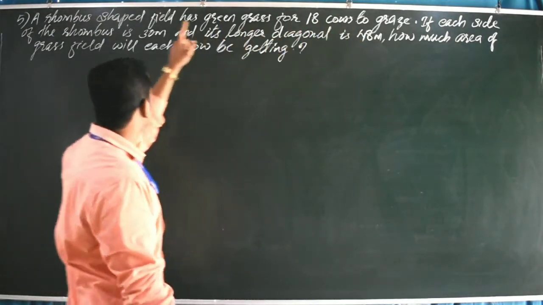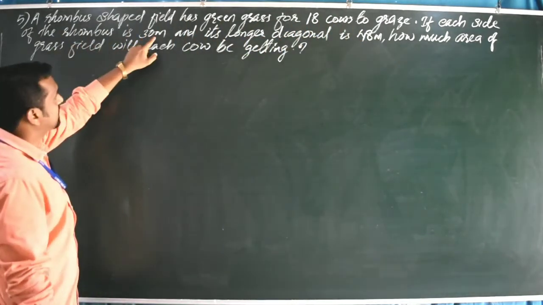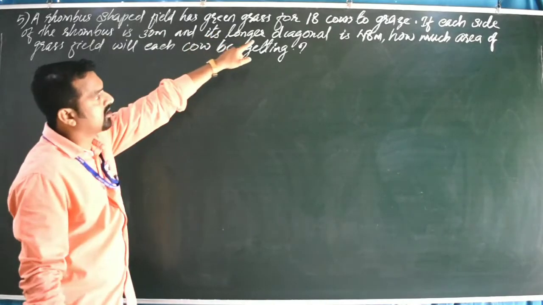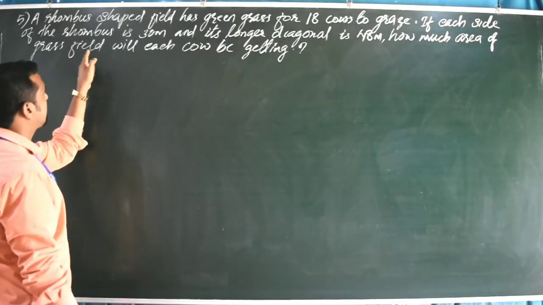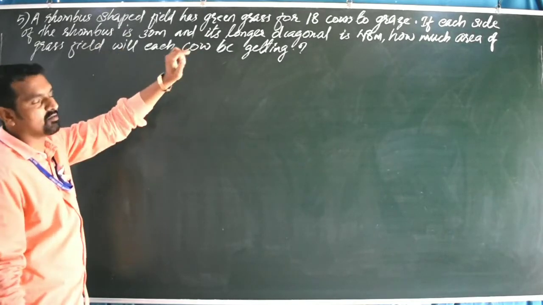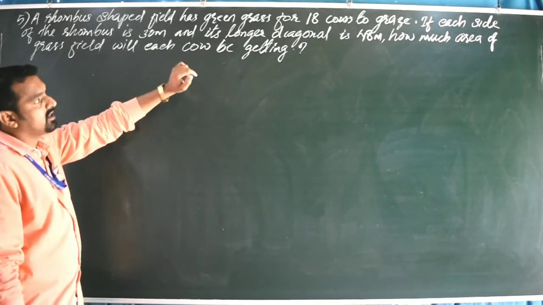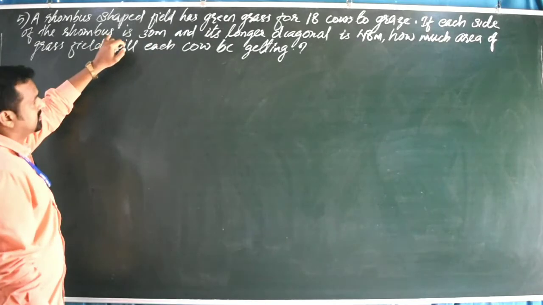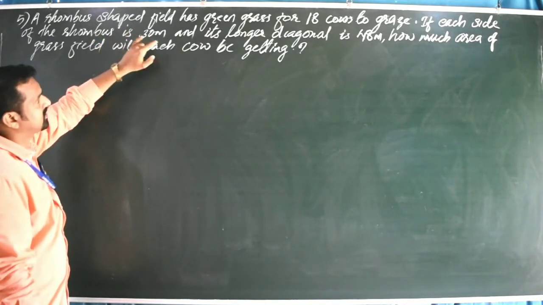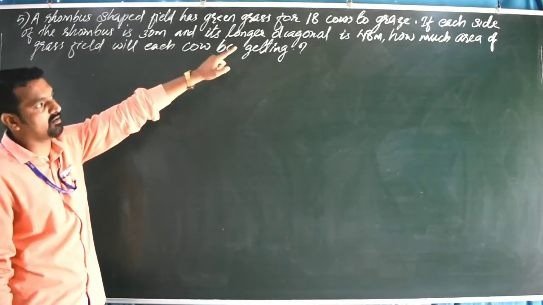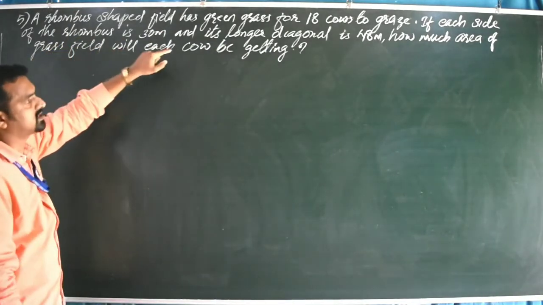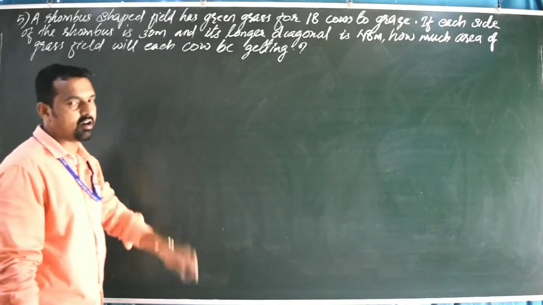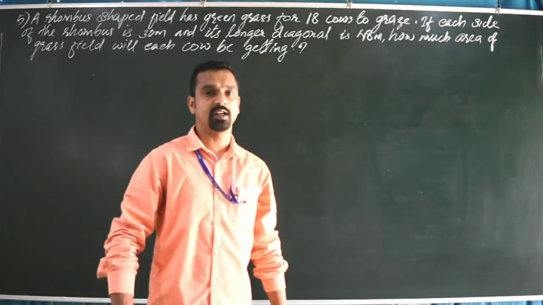If each side of the rhombus is 30 meter and its longer diagonal is 48 meter, how much area of grass field will each cow be getting? One cow, how much field will it get to graze?